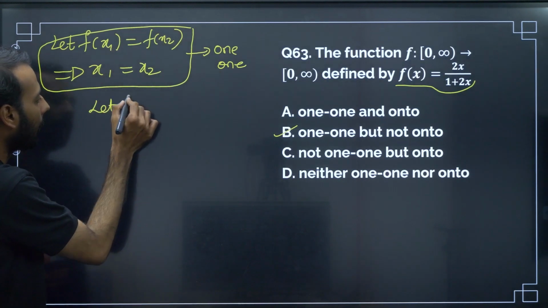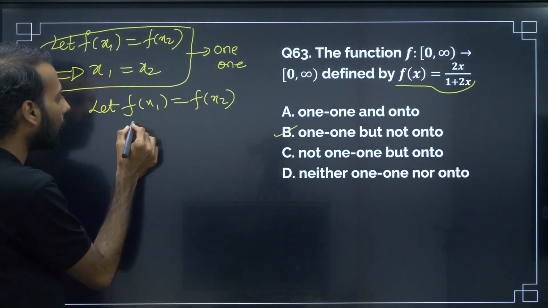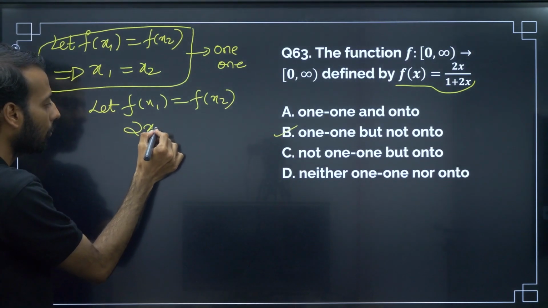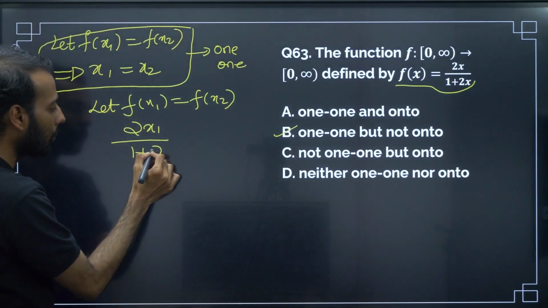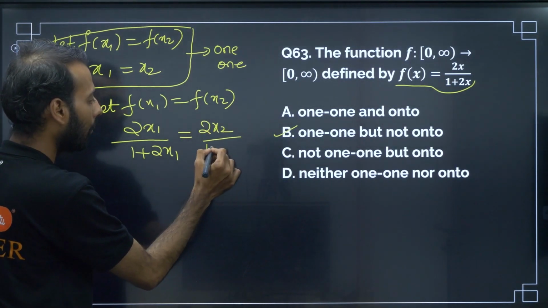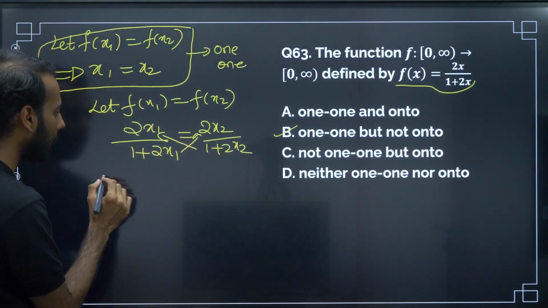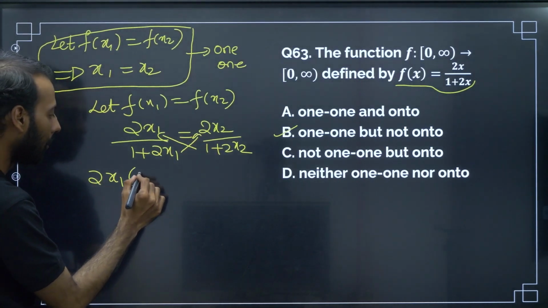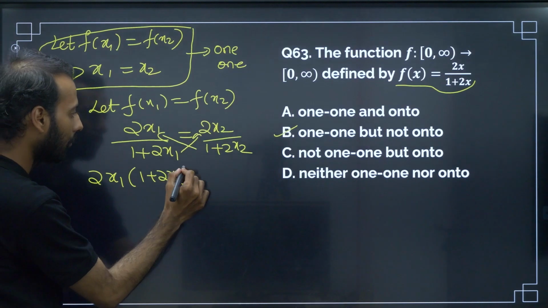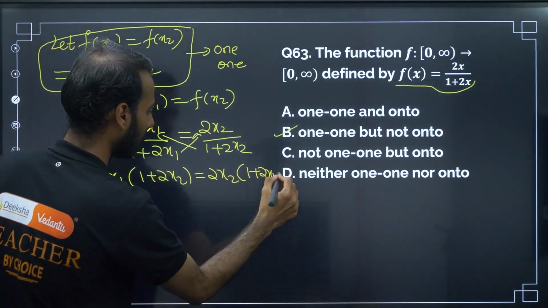So let f of x1 is equal to f of x2, so that becomes 2x1 by 1 plus 2x1 is equal to 2x2 by 1 plus 2x2. Let me cross multiply, so this becomes 2x1 (1 plus 2x2) is equal to 2x2 (1 plus 2x1).